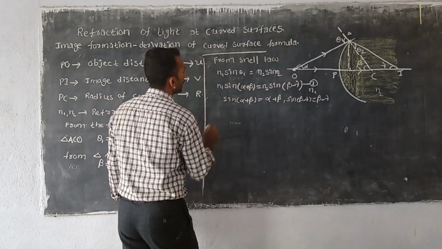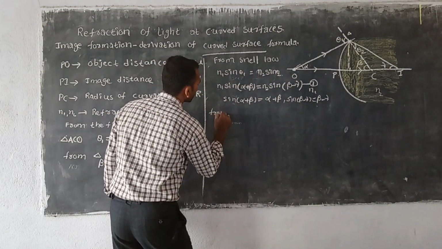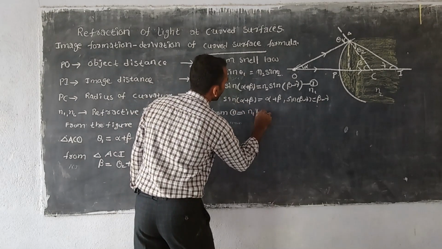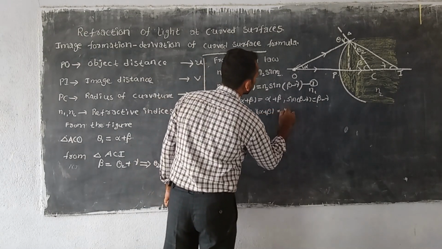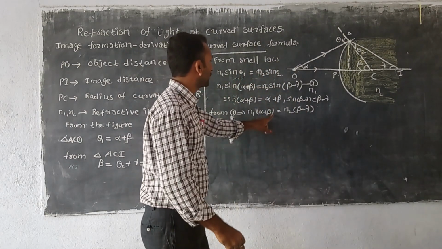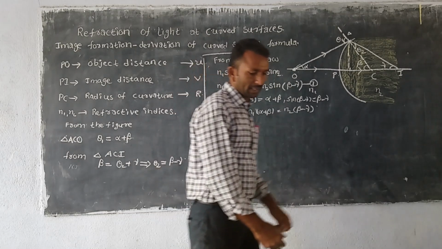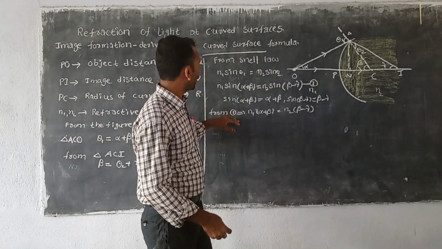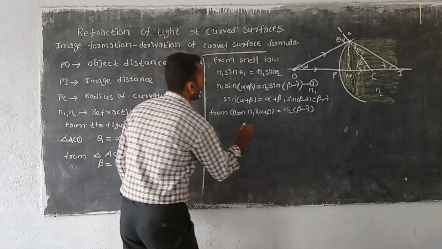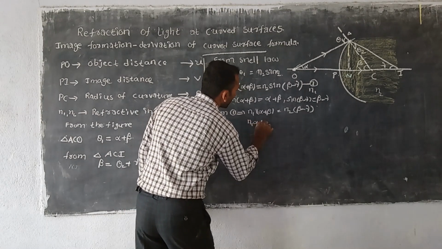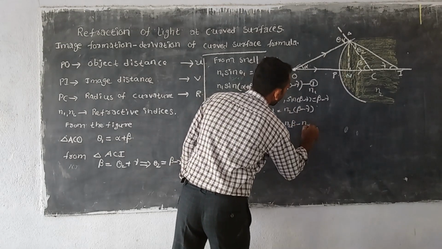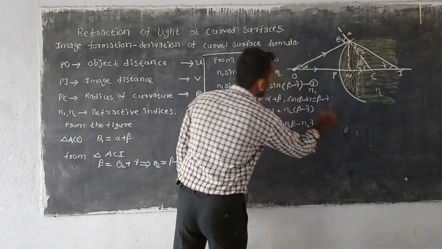From equation 1 we can write n1 into alpha plus beta equals n2 into beta minus gamma. Expanding, n1 alpha plus n1 beta equals n2 beta minus n2 gamma. Just think this is equation 2.